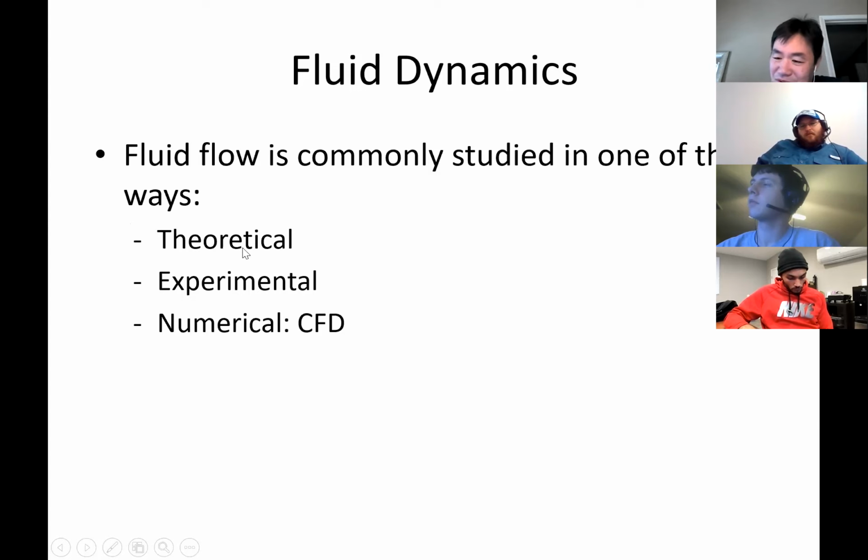But those assumptions are the source of errors, right? You make too many assumptions, then the problem becomes a totally different problem. So it's not really representing the real situation. So if theoretical calculation is not good, then that leads you to experimentally do measurement, do experiments, right?